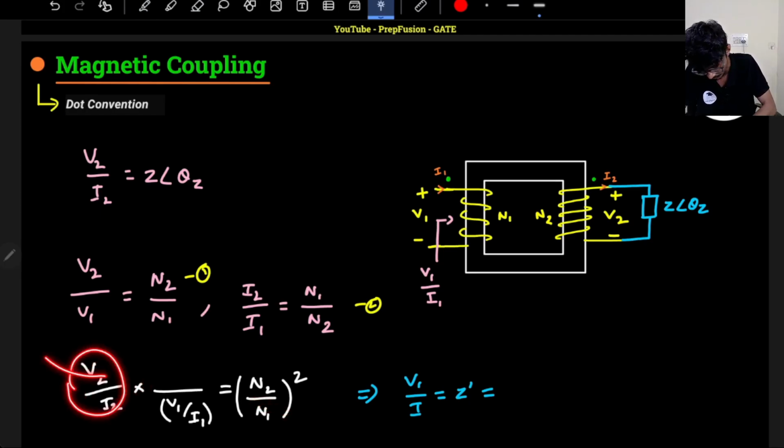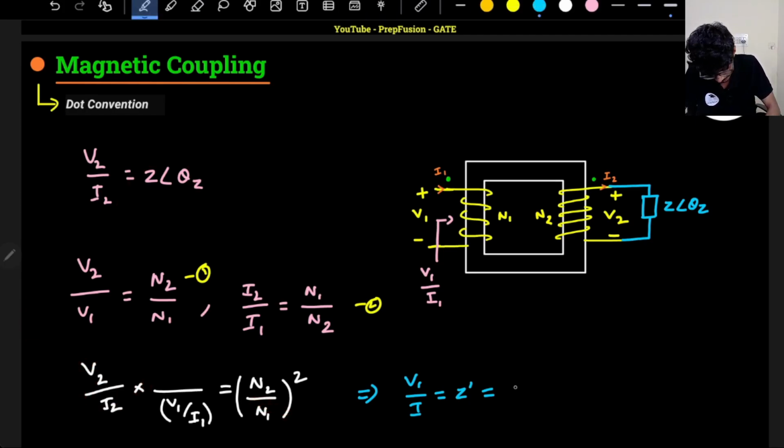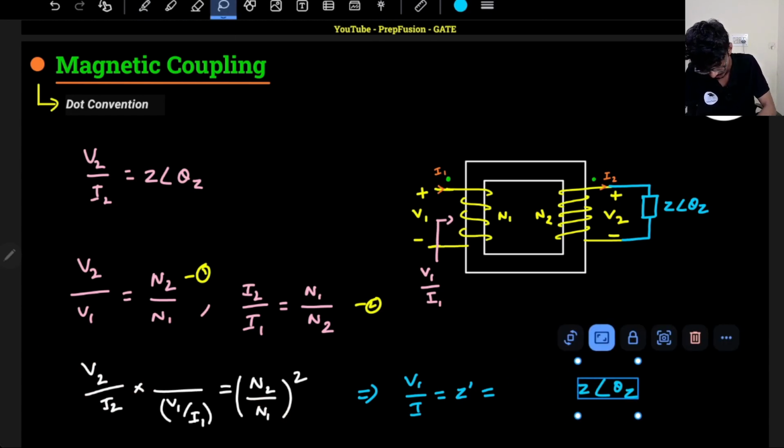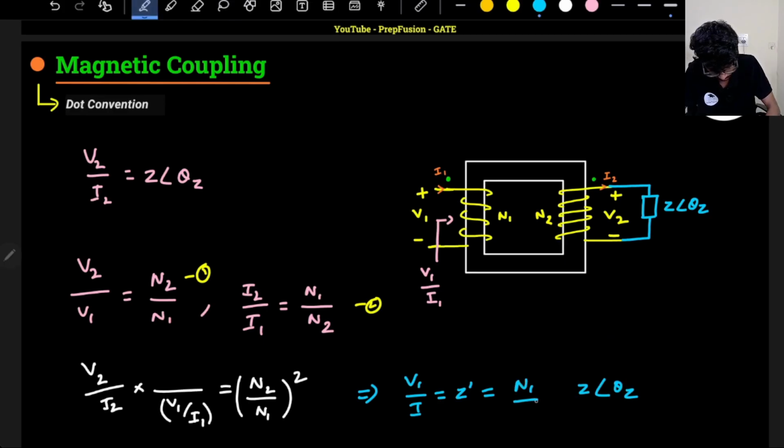So V2 by I2 is Z angle theta Z, and a term that is getting multiplied, that is N1 by N2 whole square.